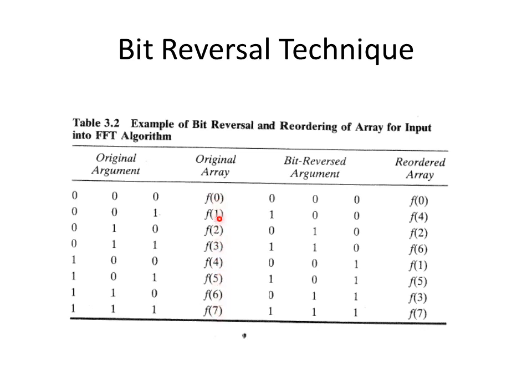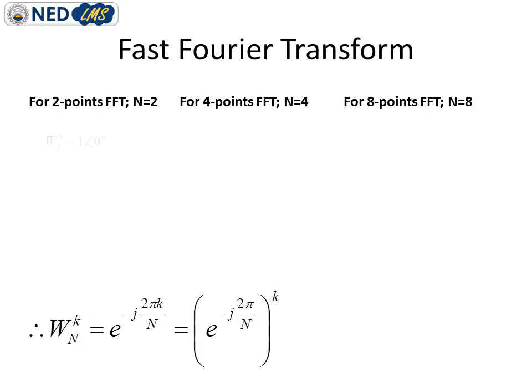So here are the values of W calculated for different values of N. If we are taking 2-point DFT, then we will consider N as 2, and two values of W will be computed, that is W20 and W21, which is 1 angle 0 and 1 angle minus 180, which is simply 1 and minus 1.